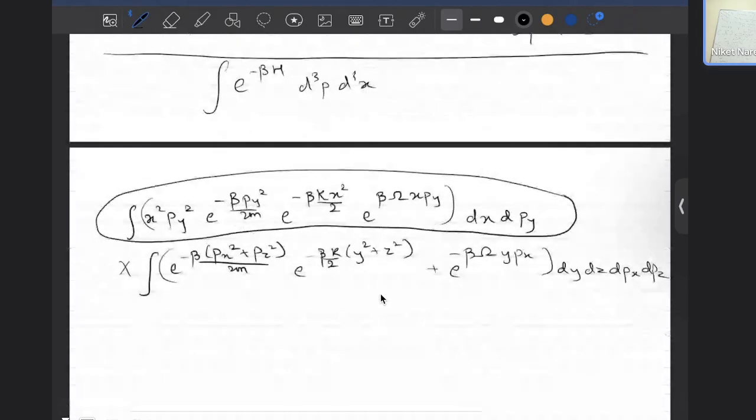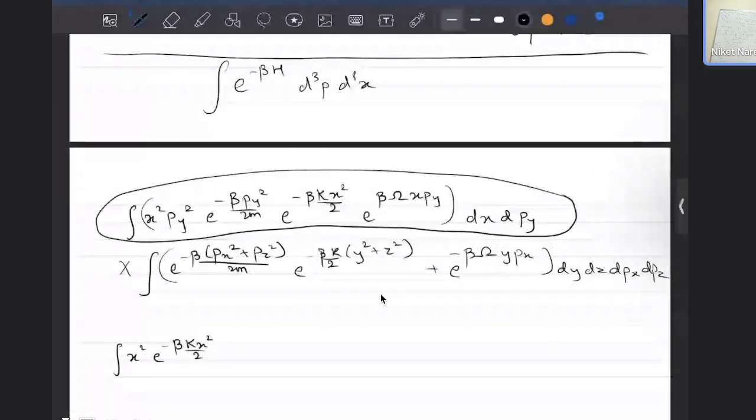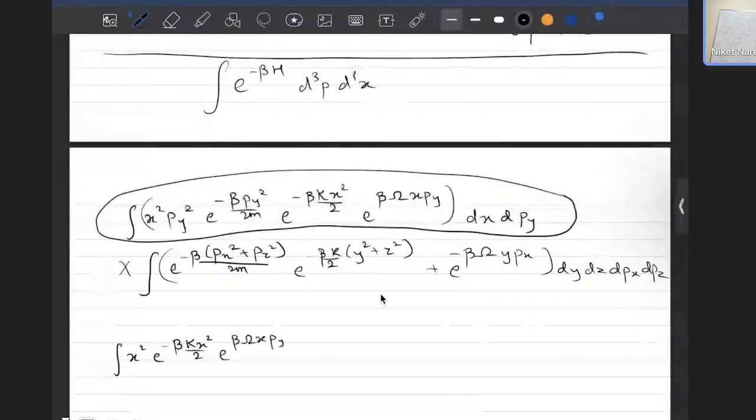So, x squared e to the power minus kappa x squared by 2, e to the power beta omega x py, dx, multiplied by py squared e raised to the power minus beta py squared by 2m dpy.